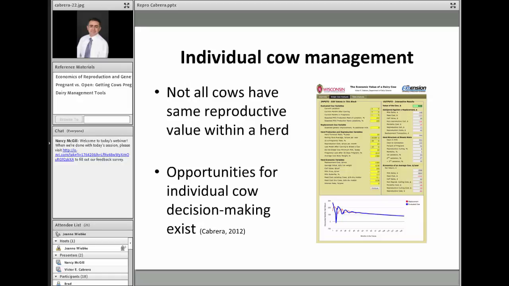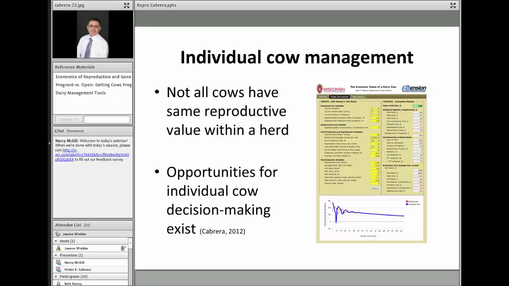The second tool will allow you to define reproductive programs and their impacts, specifically on the economics of the farm. In this last tool, which I think is also a very good resource you may want to keep in mind in this whole analysis, is the economic value of a dairy cow in order to do some individual cow management from the reproductive standpoint of view.